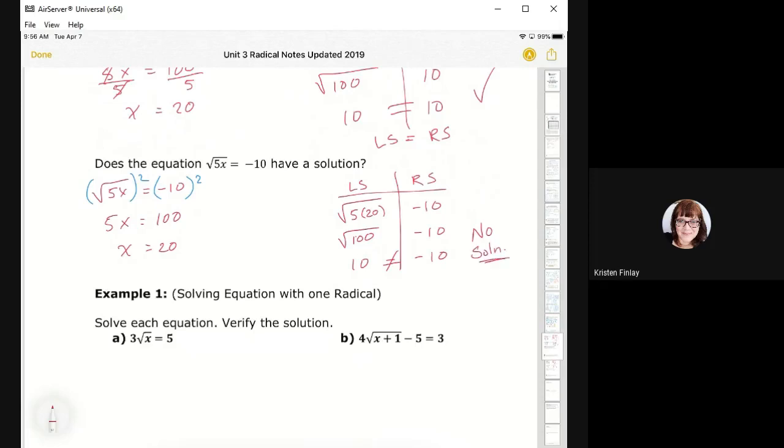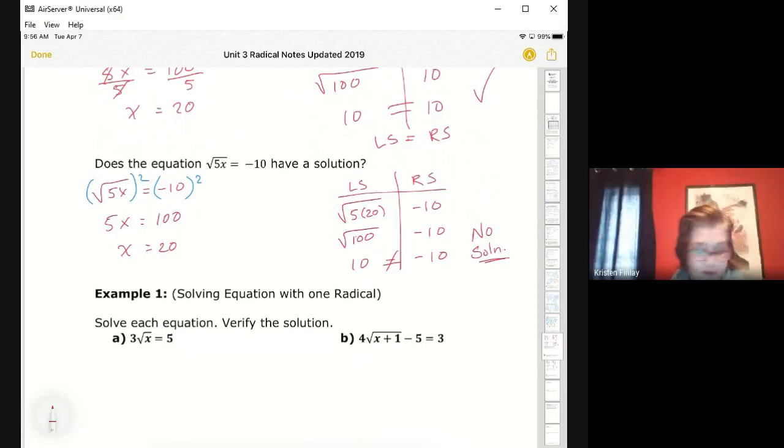The reason for that is that we can't have a negative result when we take the square root of something, because we're always going to take the positive square root. So we would say that this one has no solution. Okay, a little tricky there.